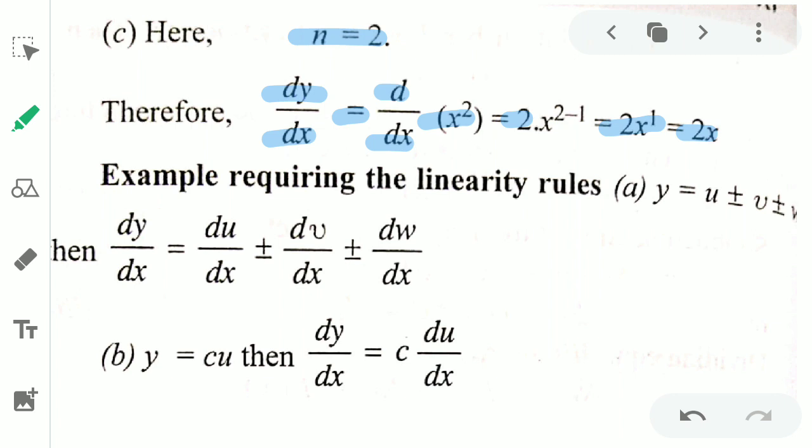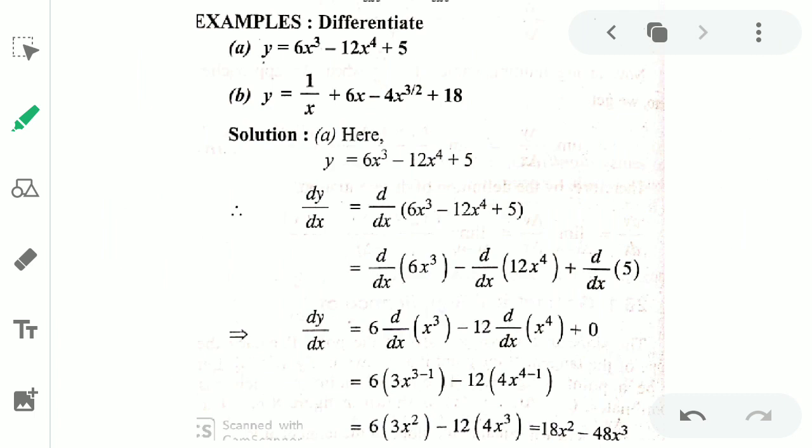Okay student, another topic is the linearity rules. We discuss that in the next lecture. Okay. We apply differentiation further on a polynomial equation, for example, y equal to 6x cube minus 12x to the power 4 plus 5. In that case, both side differentiation.